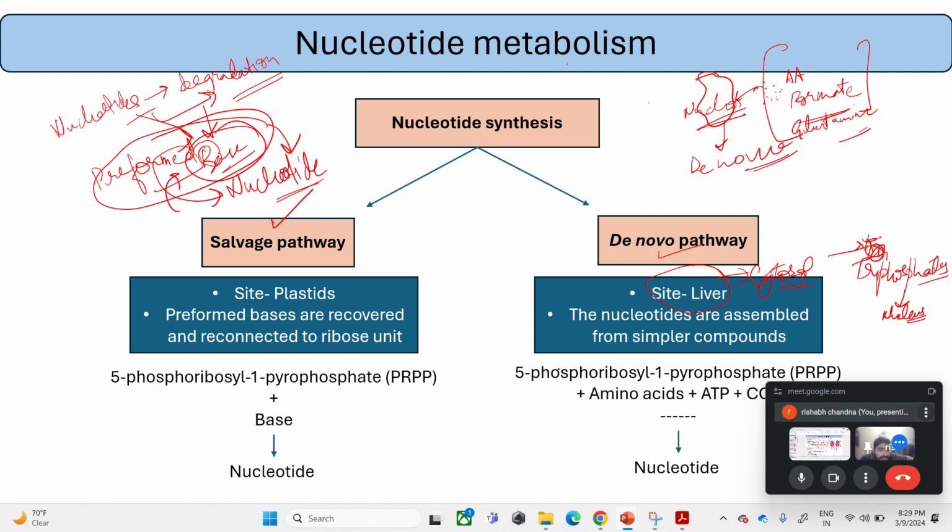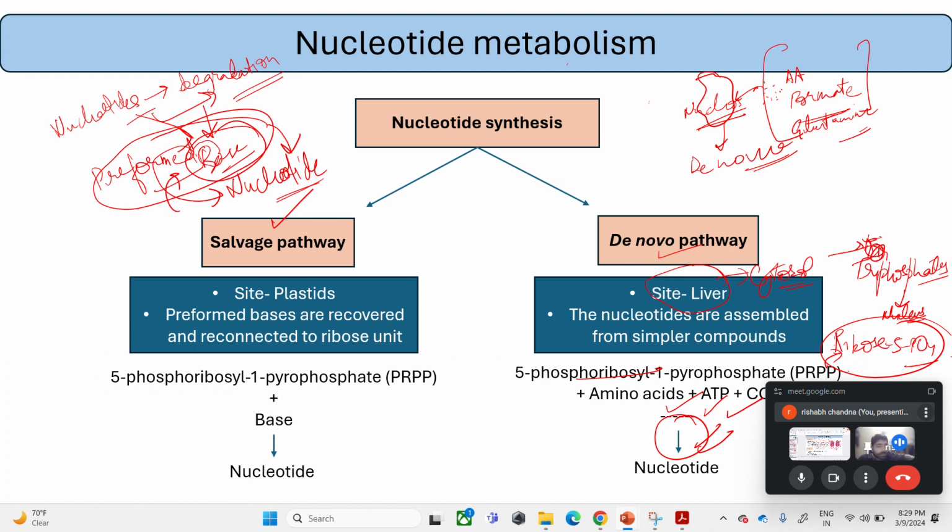It starts with PRPP, that is 5-phosphoribosyl 1-pyrophosphate, the precursor for ribose 5-phosphate. Using various amino acids, ATP, and CO2, it forms a nucleotide. So this is the basic reaction for the de novo pathway for the formation of nucleotides.